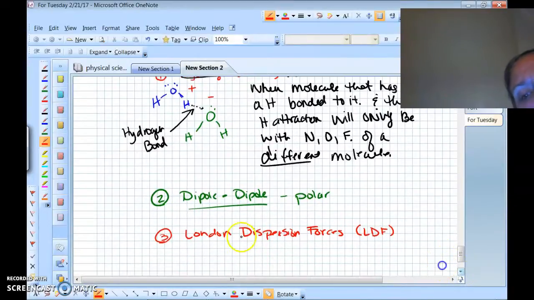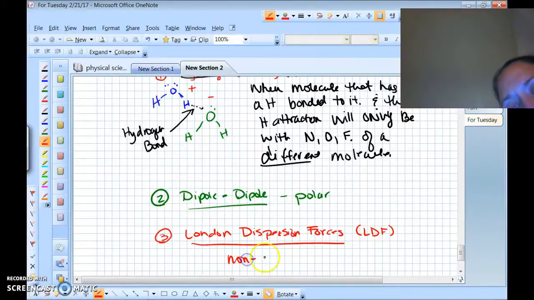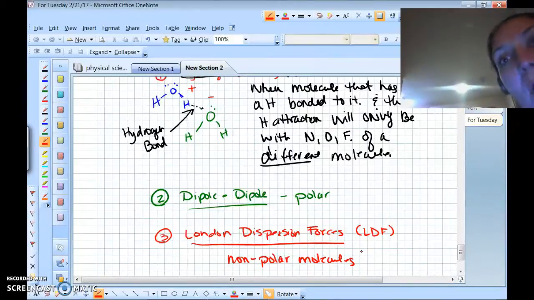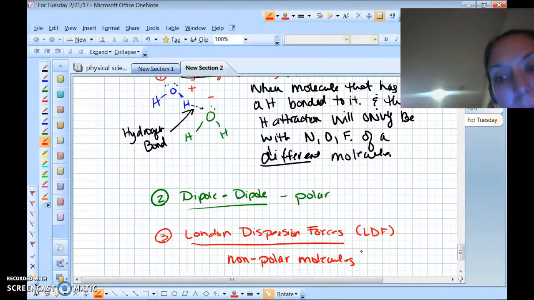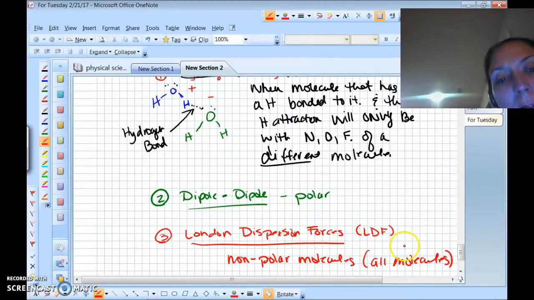LDF, if you have a non-polar molecule, it experiences London dispersion forces. Now actually, all molecules experience London dispersion forces. But at this point in time, a lot of texts and test banks don't recognize that for including polar molecules.